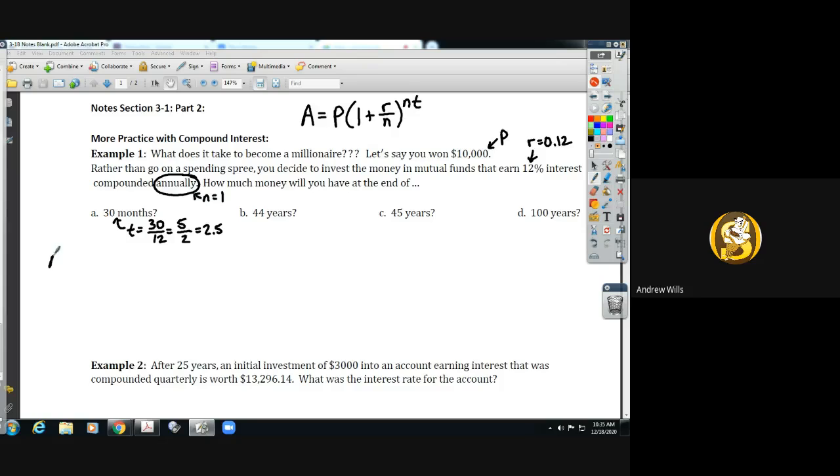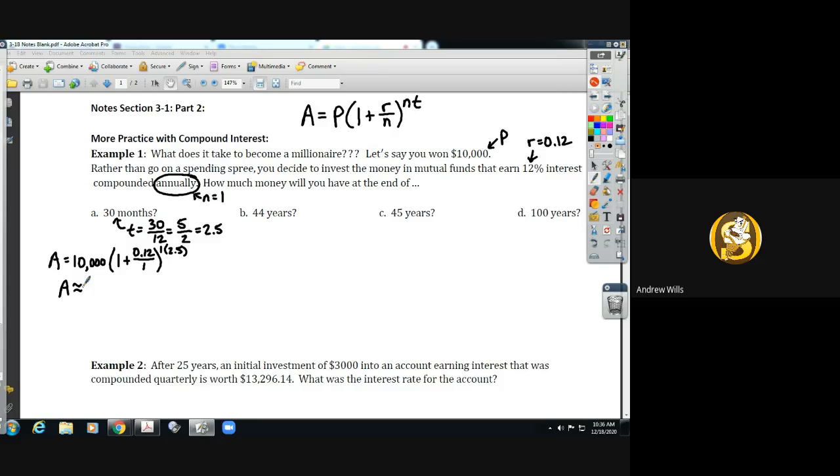Okay, so we take those values, we plug into our equation. So we'd say A equals 10,000 times 1 plus 0.12 divided by N, which is 1, to the 1 times 5/2 or 2.5 power. We're just going to feed that to our calculator. So we're going to type it in very carefully. 10,000, open parentheses, 1 plus 0.12.